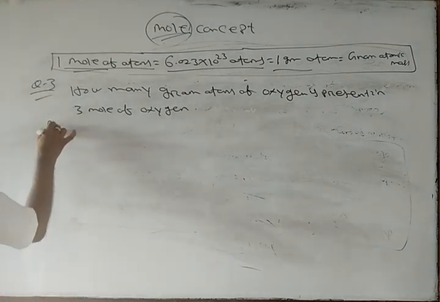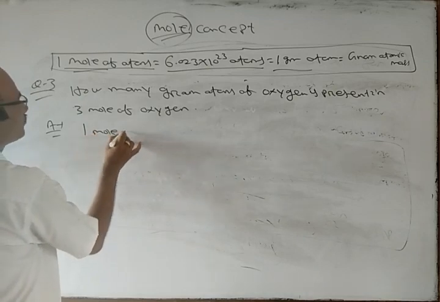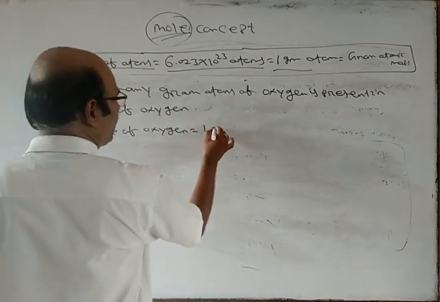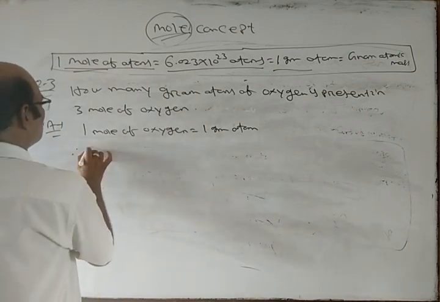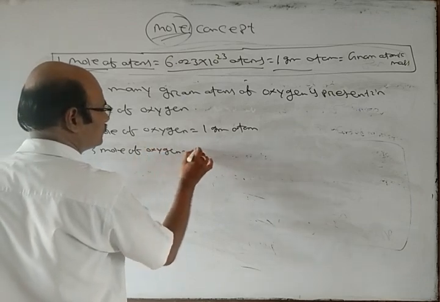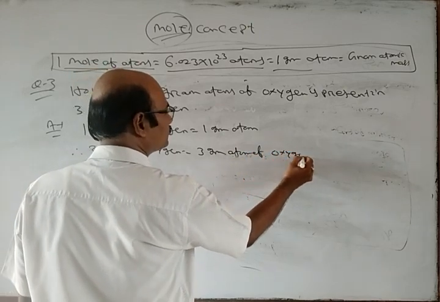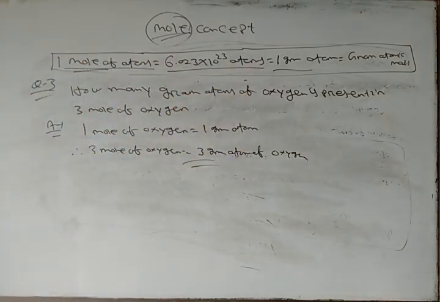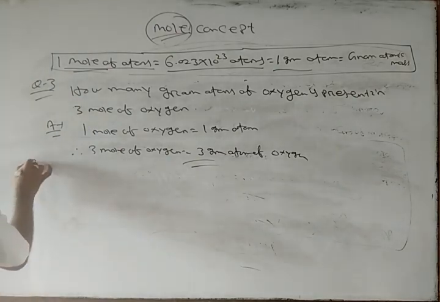Simple answer. 1 mole of oxygen equals how many gram atoms? 1 gram atom. Therefore 3 moles of oxygen is equal to what? 3 gram atoms of oxygen. Clear? So mole to gram atom. How many gram atoms from the 3 moles of oxygen? Similarly, you can also write a question.